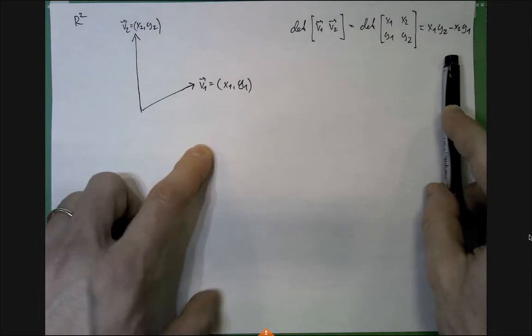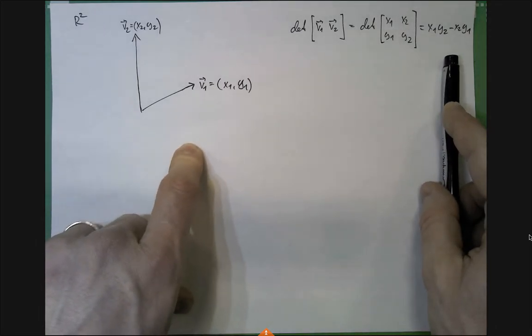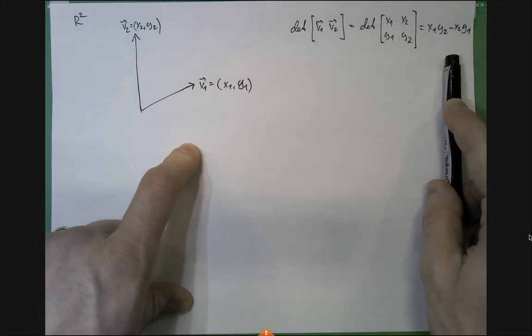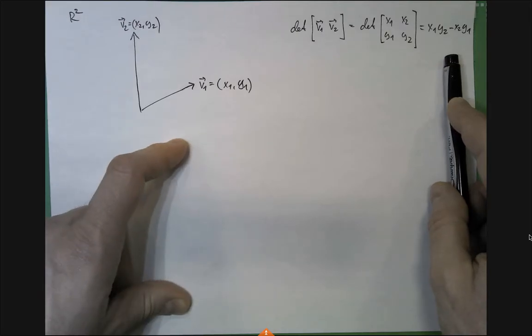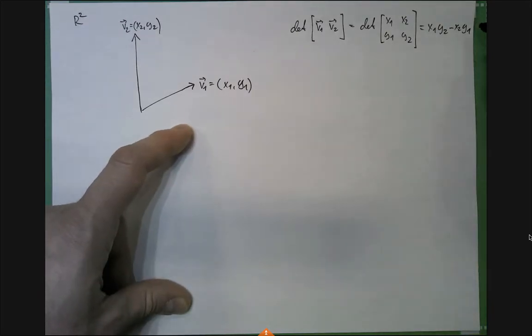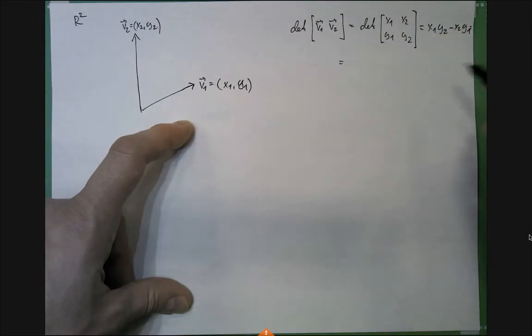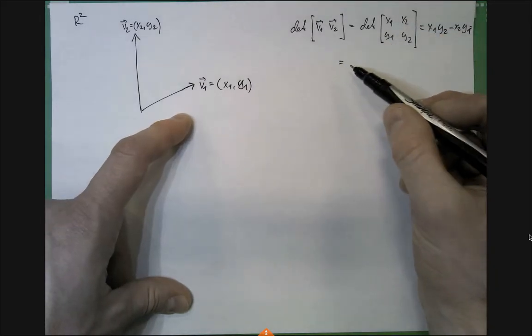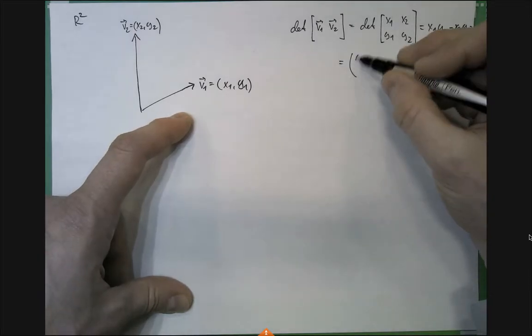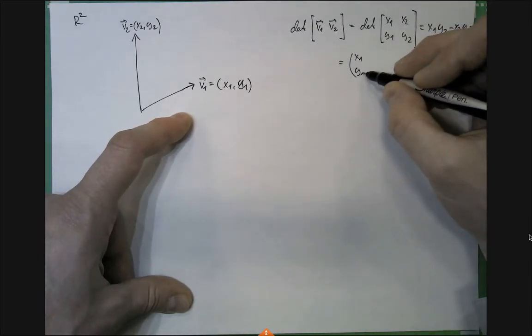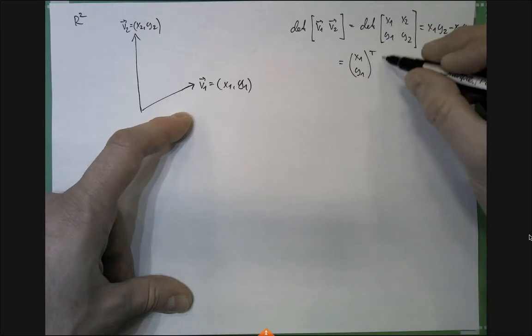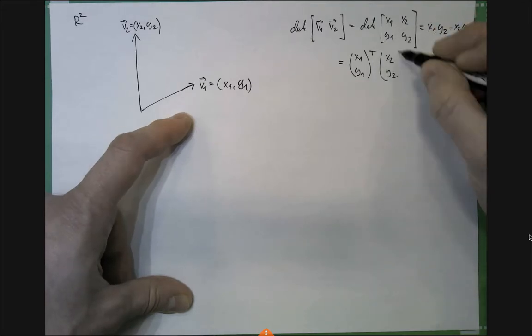Let me now try to give this a geometric interpretation. I want to ultimately relate it to area. You can notice I can write the determinant in this way: x1, y1, that's the first vector, transposed, and x2, y2.